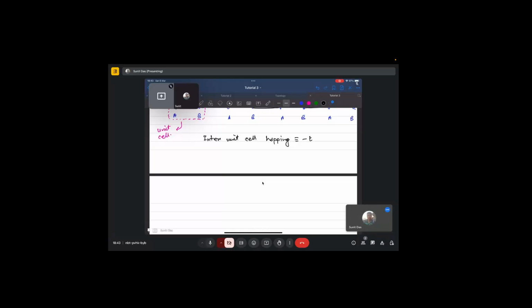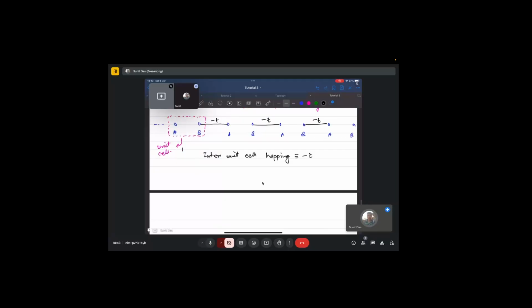Okay, and this is the first unit cell, and these two make, I mean, let me draw fully. So this is the second unit cell, this is the first unit cell, and then third, fourth, and so on.